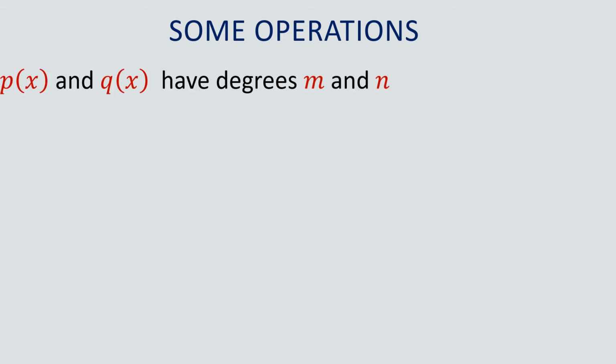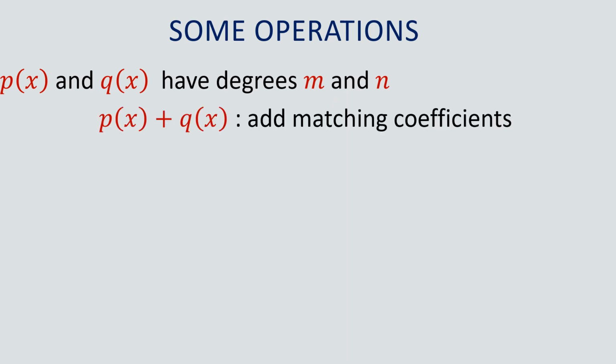So, how do we manipulate these objects? What are the typical sorts of operations that we might want to perform on a polynomial? Well, for example, if we're considering general polynomials, so we have p of x and q of x, and these have degrees m and n, these do not have to be the same.